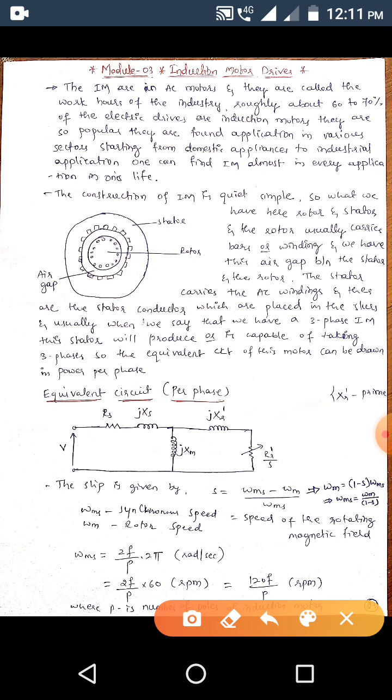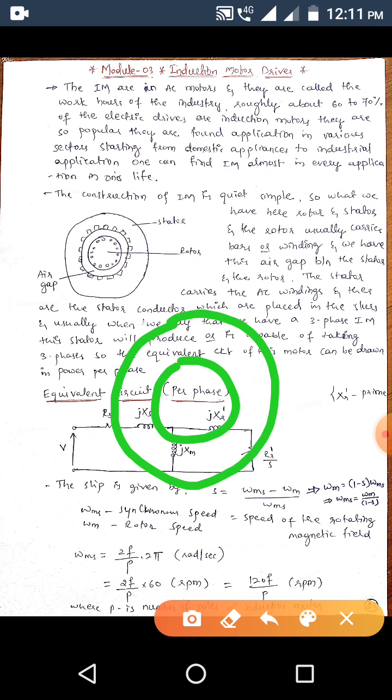So let us look at the construction of induction motors here, and it is very simple also. Let us consider the rotor and the stator.